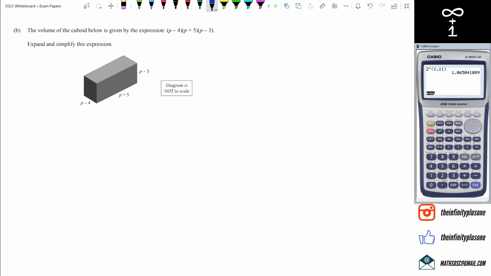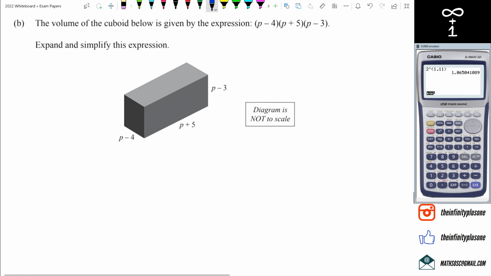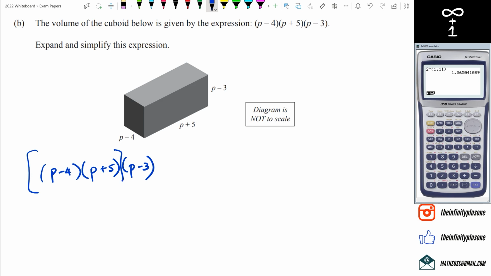So what do we got? (P - 4) multiplied by (P + 5) multiplied by (P - 3). I'm going to do this lot first. So I've got P squared plus P minus 20, then multiplied by (P - 3).